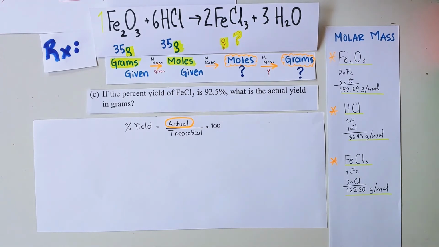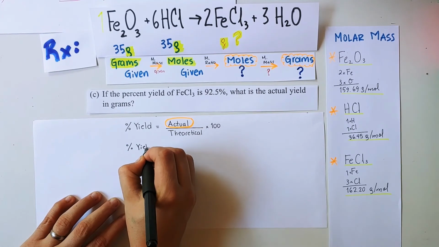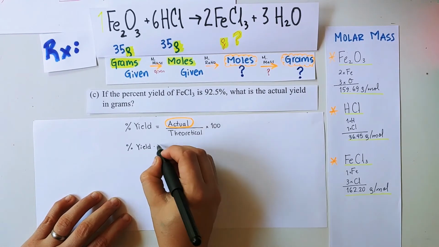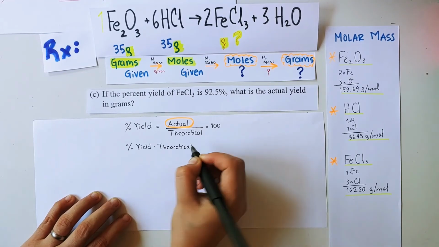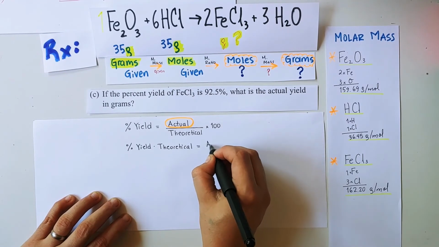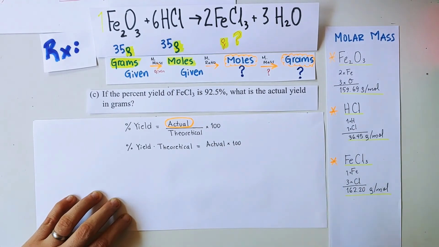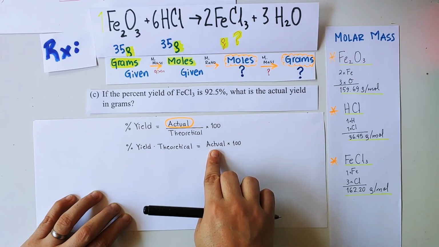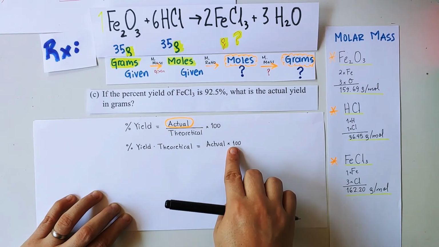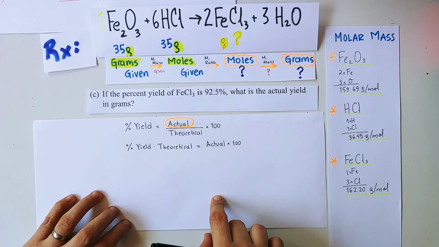So you will have percentage yield times the theoretical equals the actual yield times 100. This 100 is multiplying the actual, which means when you move it to the other side of the equation to get rid of it, it's going to be a division.